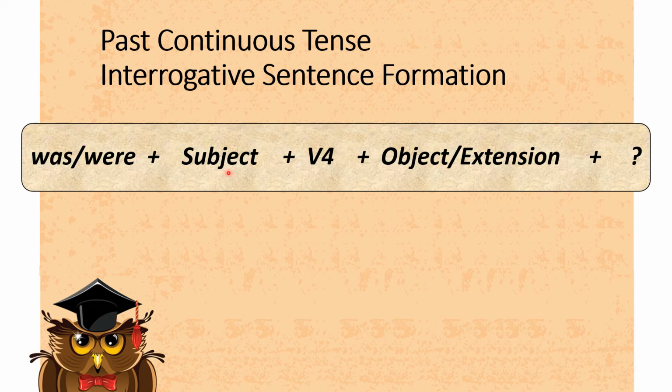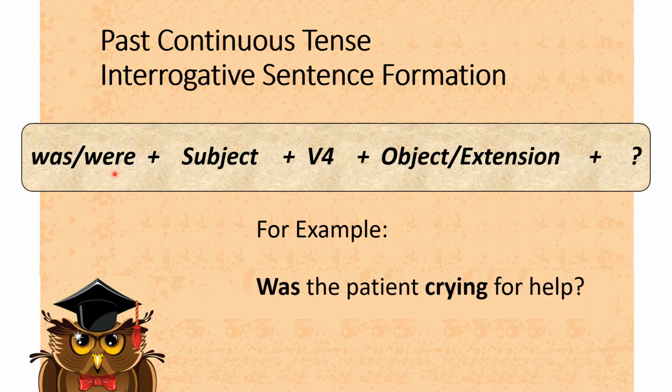You can also understand, it's a tip for you to know that the subject and the auxiliary verb positions are interchanged. The subject comes in the position of the auxiliary verb and the auxiliary verb takes the position of the subject. This is a tip for you. See the examples now. Was the patient crying for help?